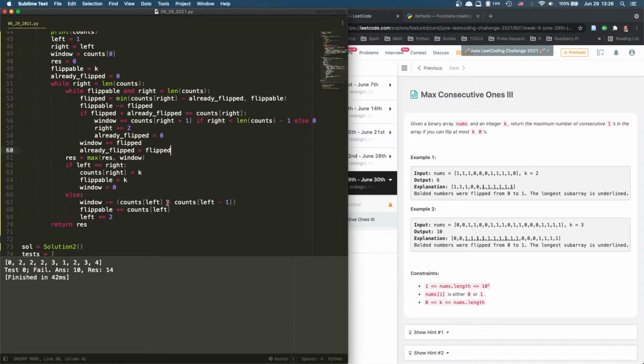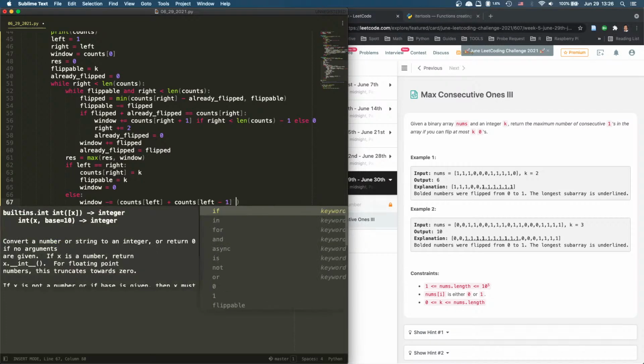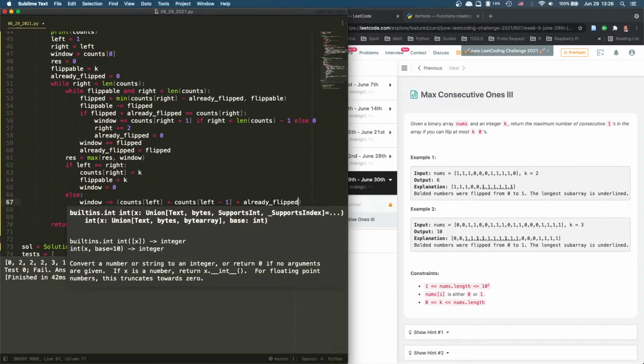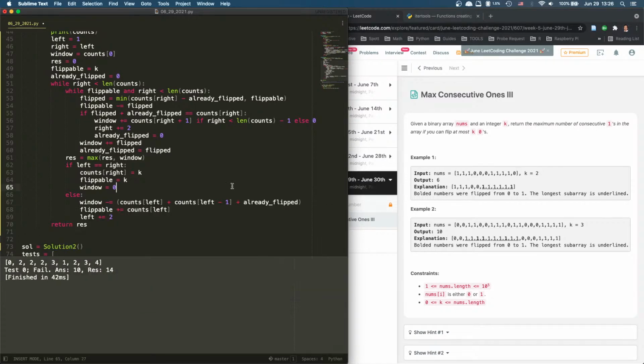And we actually need to also minus the already flipped. Yeah, I think we should add already flipped as well. Add already flipped, and then flippable equals this, plus already flipped.